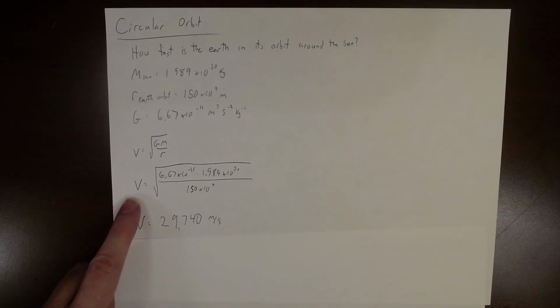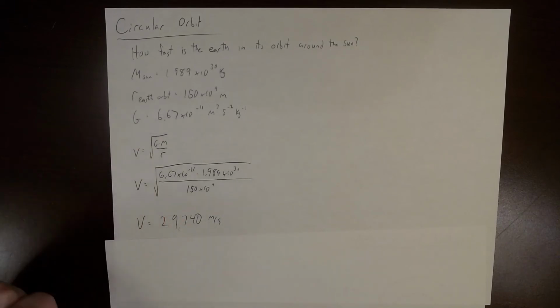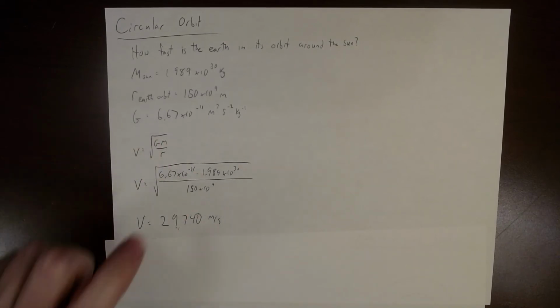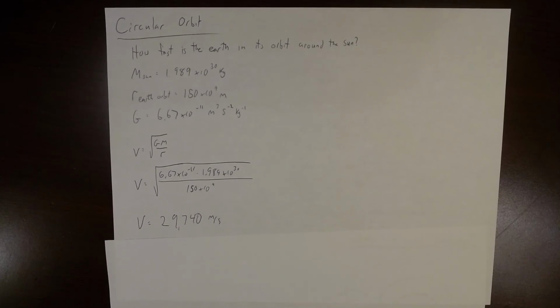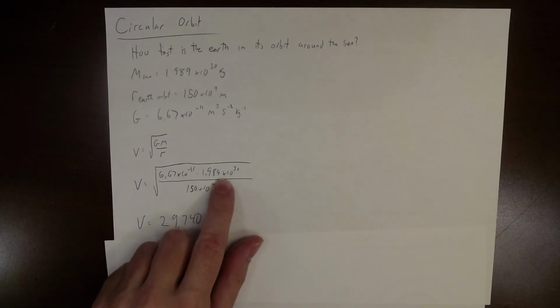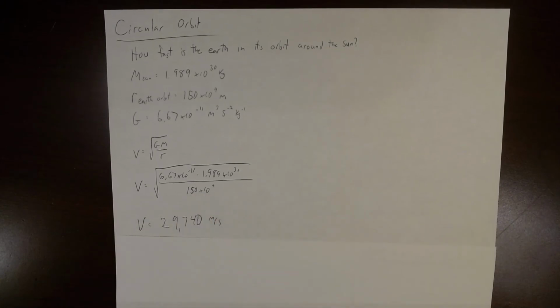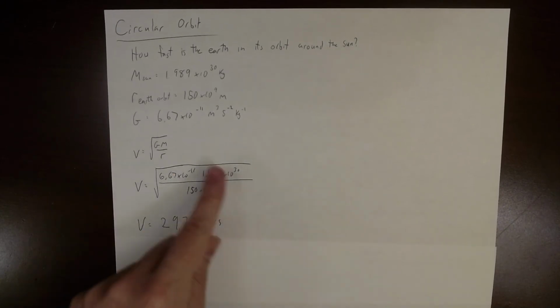Well, what if I gave you the velocity and the radius and G and asked you to find the mass? Could you do that? When you're studying, try doing an example problem where you're actually having to solve for this, and you know everything else. Or you have to solve for this, but you know everything else.